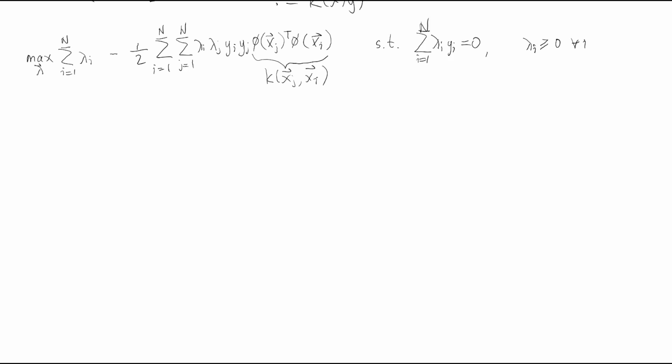Then we can replace the inner products involving phi with just a kernel function. So this is about training, about finding the optimal parameters. Now we can solve this optimization.